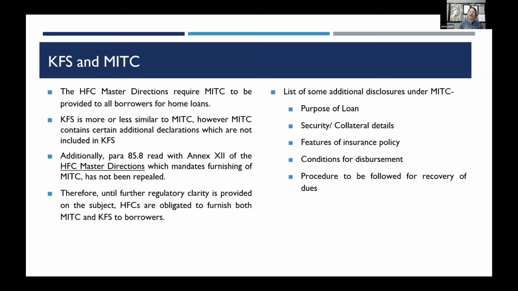MITC has certain additional disclosure requirements like the purpose of loan, the security collateral details, features of insurance policy, conditions for disbursements. These are additional requirements that are disclosed under MITC. So MITC will not become redundant. That will still have to be shared with the borrower along with the loan agreement in case of housing loans.